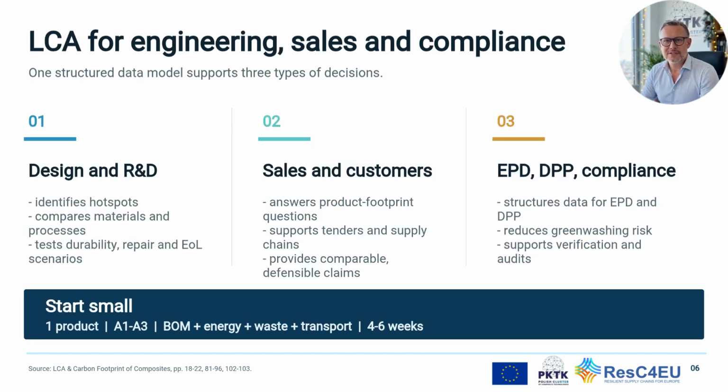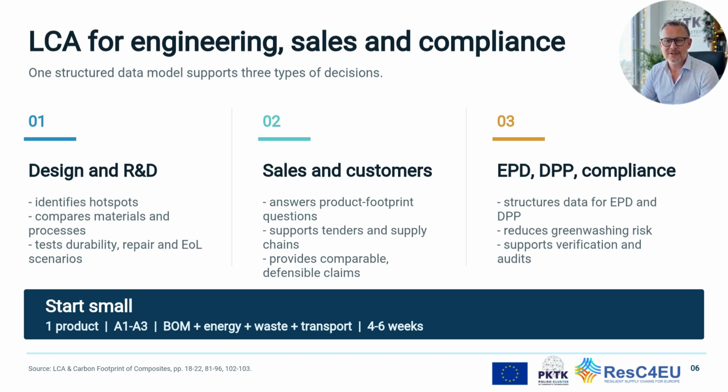A well-prepared LCA works in 3 areas of the company at the same time. For designers and R&D teams, it identifies hotspots and allows materials, processes, and end-of-life scenarios to be compared. For sales teams, it provides comparable data for customer discussions, tenders, and supply chain requests. For compliance teams, it becomes the foundation for EPDs, digital product passport data, and credible communication with a lower risk of greenwashing.